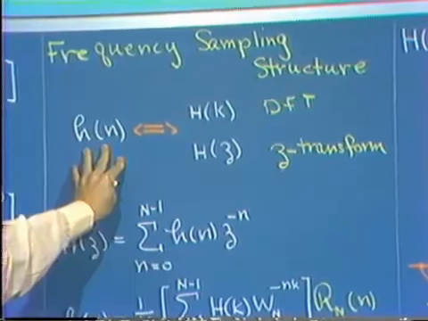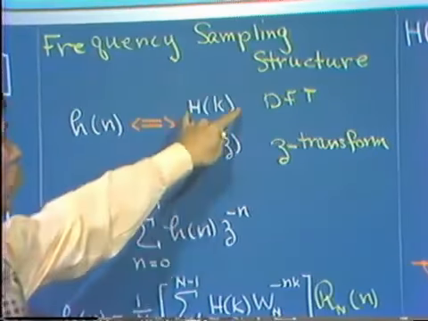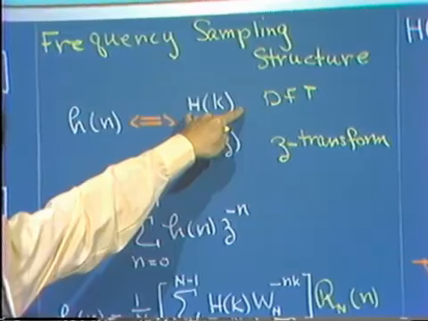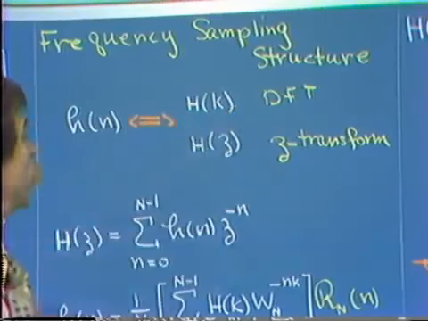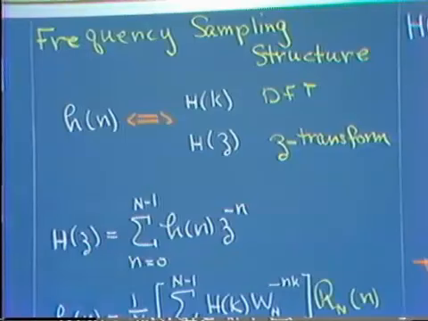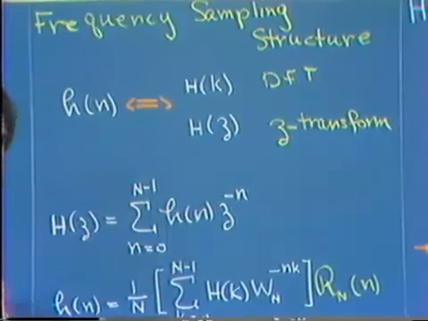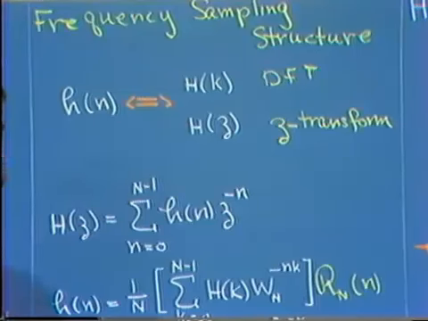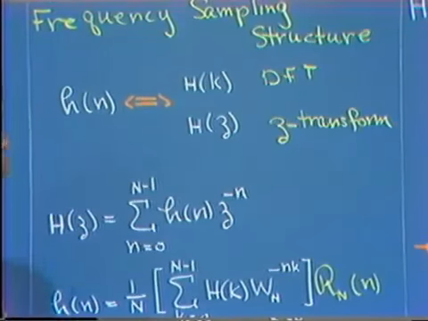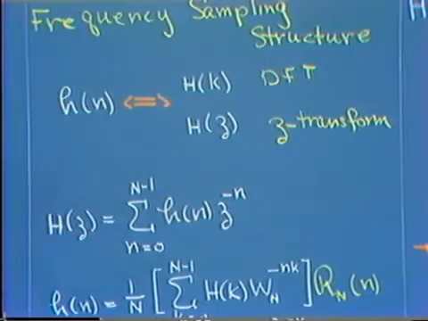This is a finite impulse response system, so this is a finite length sequence. So we can describe it in terms of its discrete Fourier transform, and the discrete Fourier transform coefficients I'll refer to as H of k. Or we can describe it, as we can describe almost all sequences, in terms of its z-transform, or the system in terms of its system function.